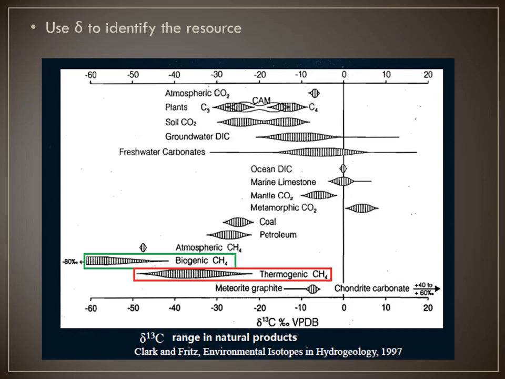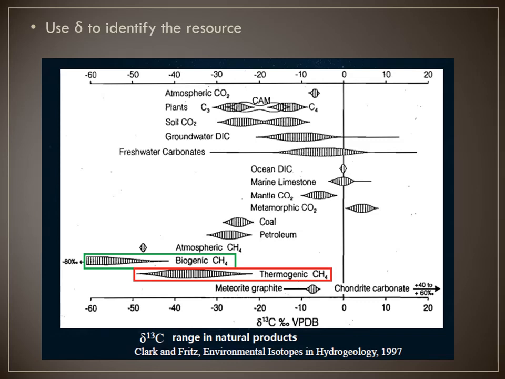We will identify the resource based on this chart. You can see in the target of ours, highlighted in the green and the red, is very significantly different. So you can use this carbon 13 to identify exactly where your natural gas comes from by the analysis of methane.